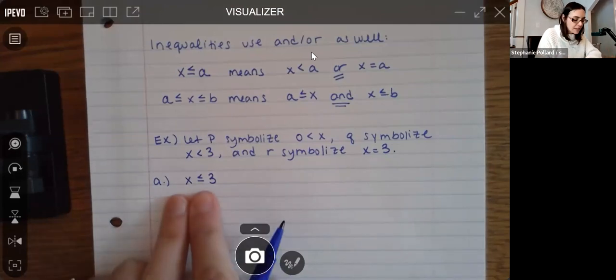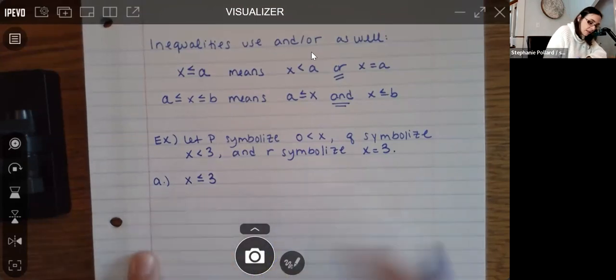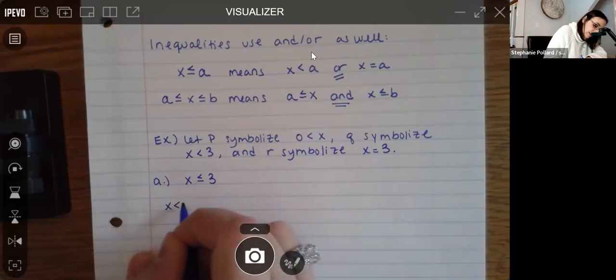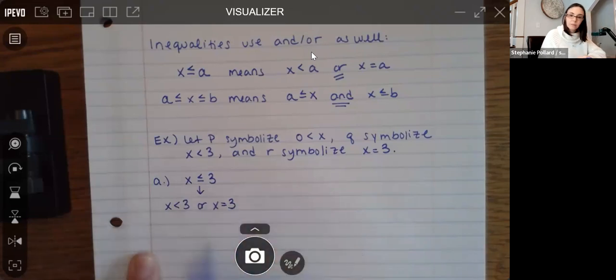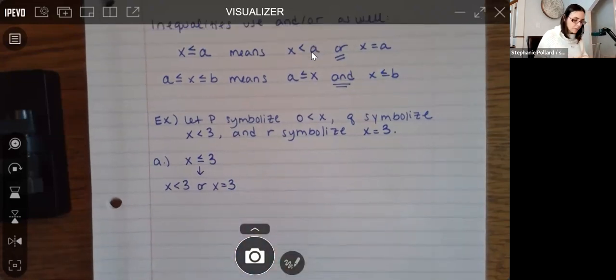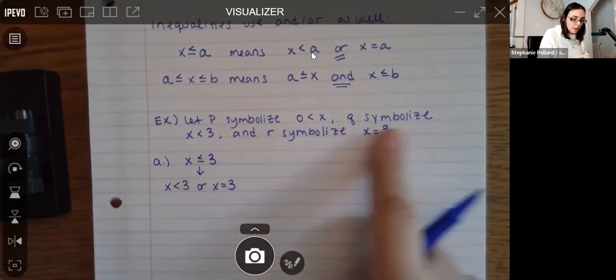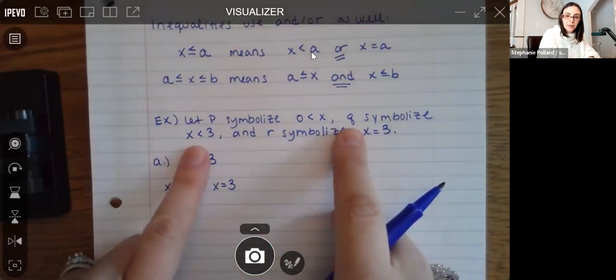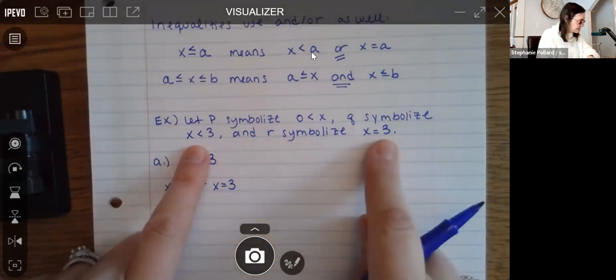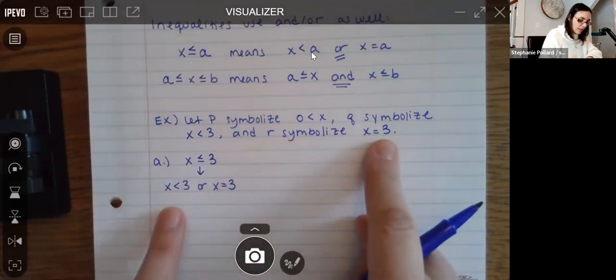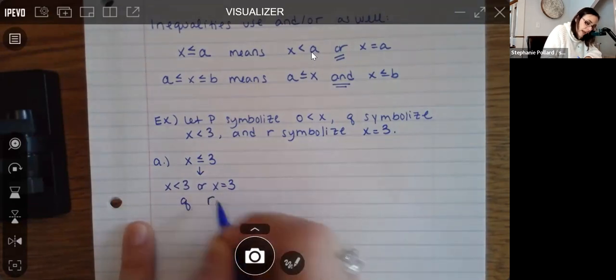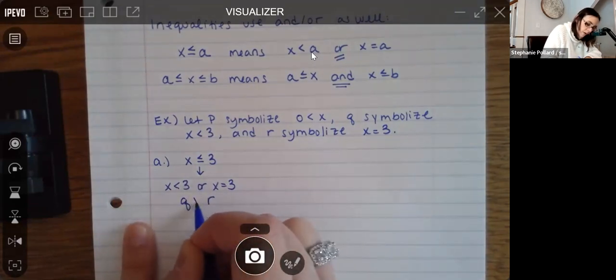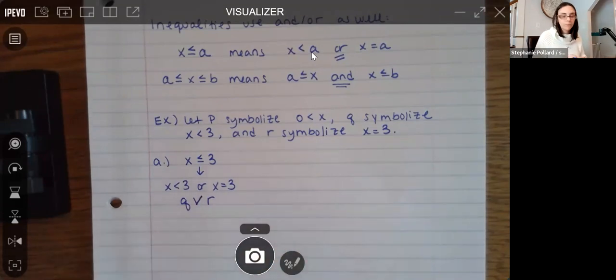So x is less than or equal to 3 means that x is less than 3 or x is equal to 3. So Q relates to x is less than 3, and R relates to x is equal to 3. So this is Q, this is R, and I need the or symbol. The or symbol looks like that V in between.